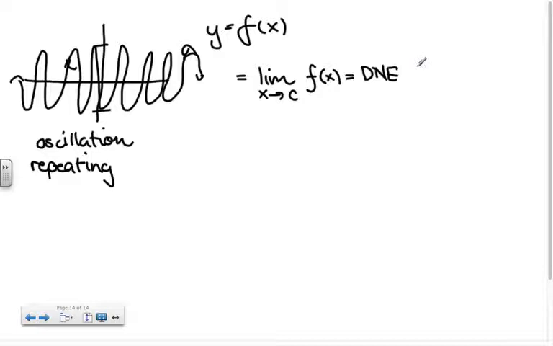Let's do some examples, a visual look at how to work with a graph, before we get into the formal definition of limit, which is on the next page.